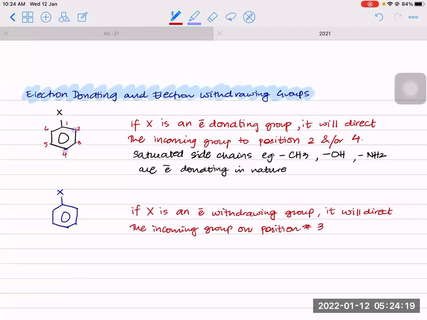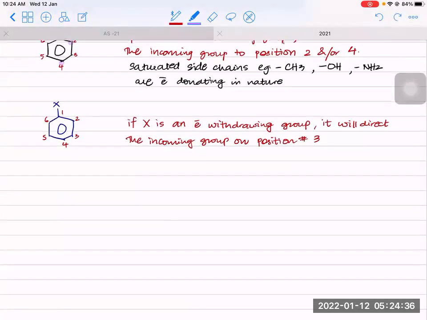So let's say we have carbon 1, 2, 3, 4, 5, 6. If this X is electron donating, it will send the incoming group on 2 and 4. But if this X is electron withdrawing, it will send the incoming group on position number 3.